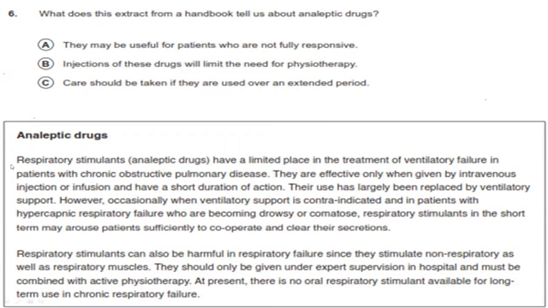Care should be taken if they are used over an extended period. Because B is absolutely wrong. Yeah, you excluded B. And what about A and C?